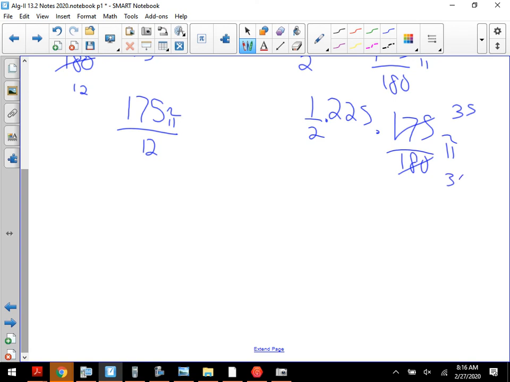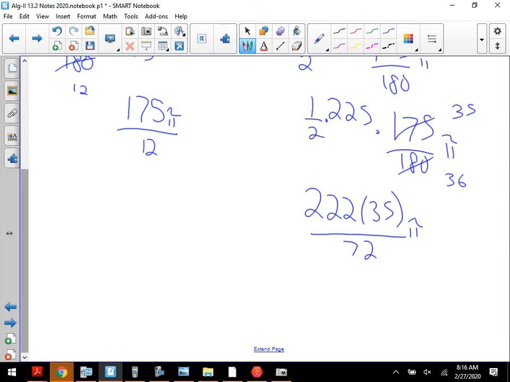Yes, good morning. Math is strong with me today. And then here, the struggle apparently is real. I don't see anything else I'm going to be able to simplify, so I know I'm going to have 225 times 35 over 72 with a pi next to it.